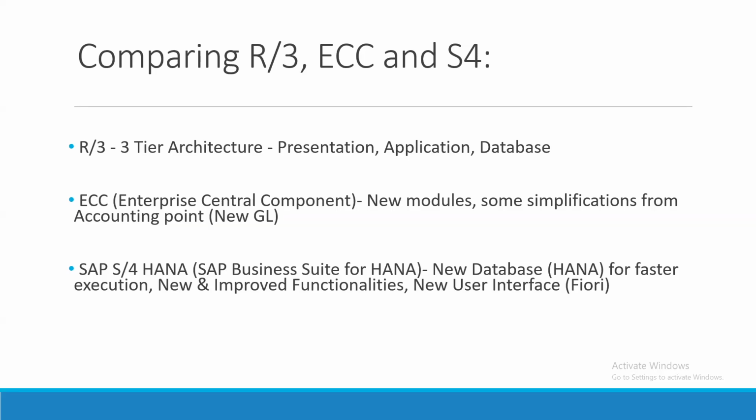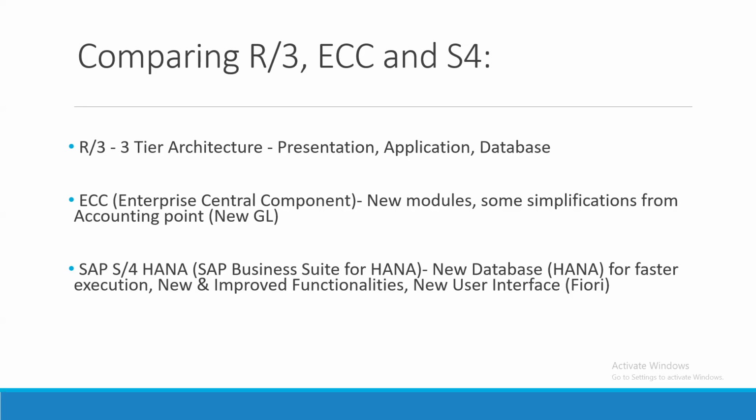Now, what is R3, ECC, and S4? R3 is what we have seen, a 3-tier architecture wherein we have presentation, application, and database layers. ECC stands for Enterprise Central Component. It has new modules and some simplification from an accounting point of view. They introduced one topic called new GL in accounting.